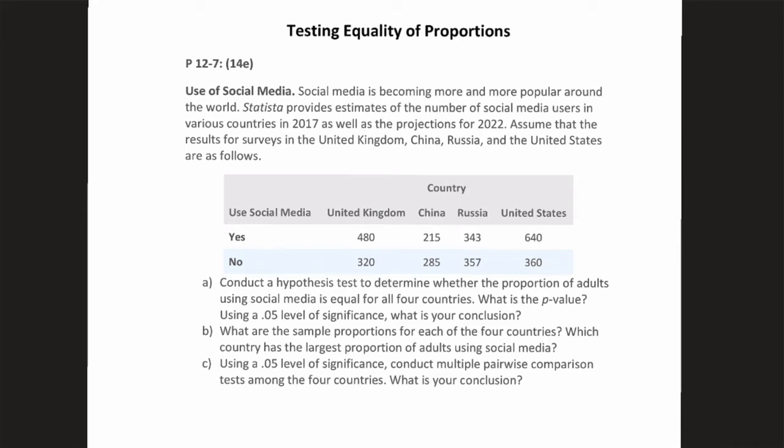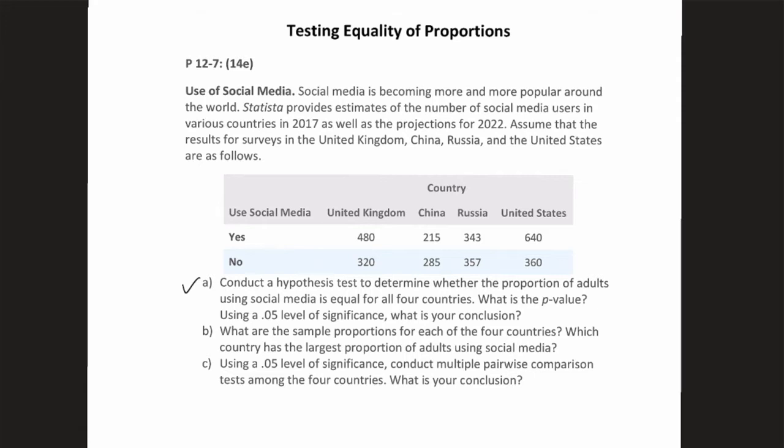So right there, we are being asked to find whether there's evidence that the proportions are equal versus that they differ. As a matter of fact, we cannot prove that they're equal, but we certainly can prove that they differ.